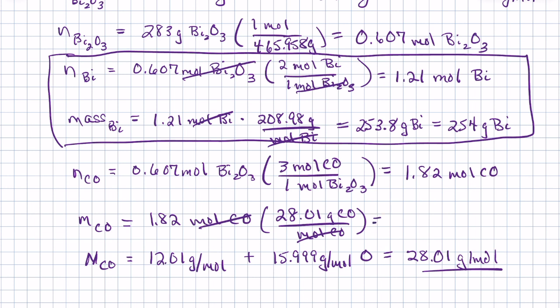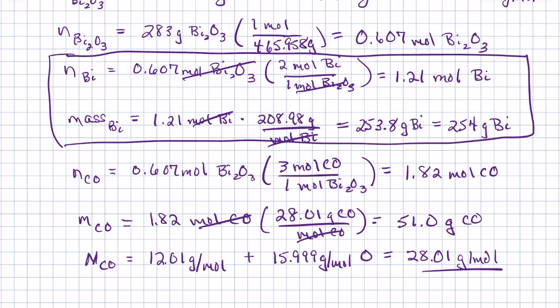And we're going to end up with a mass. I'm sorry, I'm having problems pulling up my calculation results here. There we go. 51.04. And again, if we're using 3 sig figs, 51.0 grams of carbon monoxide is what we produce.